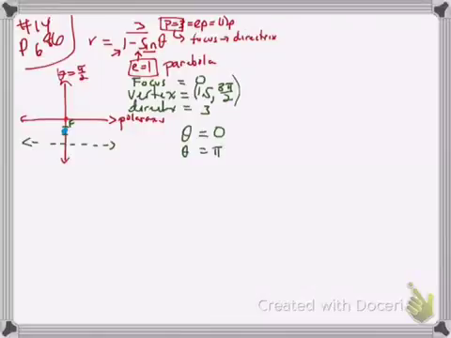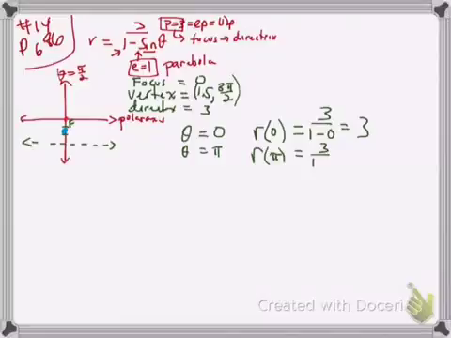If I put in an input of 0, r is just going to equal 3 over 1 minus 0, which of course is 3. The same thing happens with pi. Plug it in and we get 3 over 1 minus 0, which is also going to equal 3.